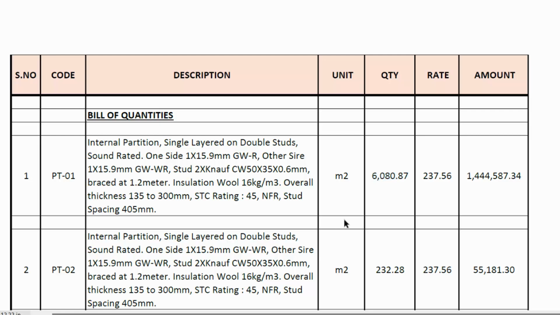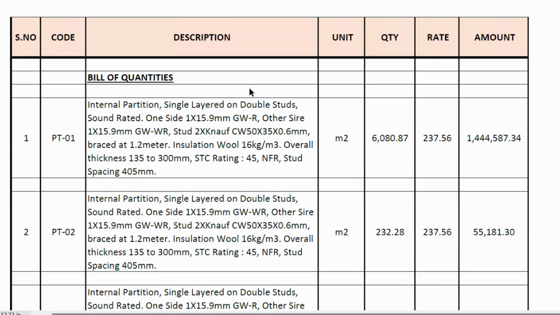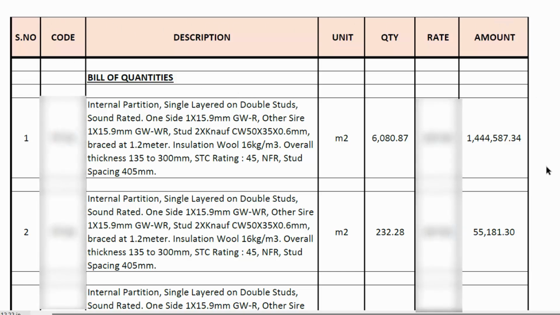Now I am taking you to the BOQ, and you should always remember that this bill of quantity should always be attached to the contract document so that we know how we get the total amount. The format of the bill of quantity is 100% the same. Nothing is changed, and you will see description, unit, quantity, rate and amount.